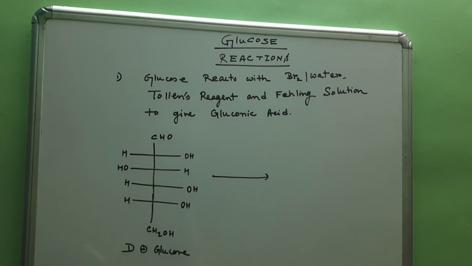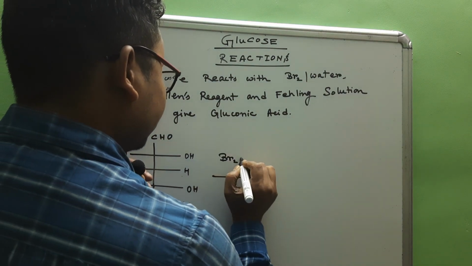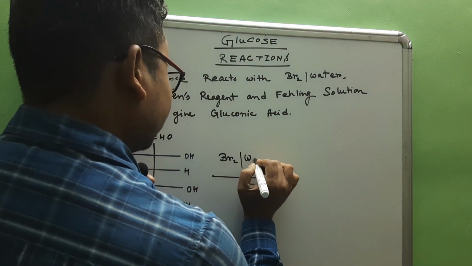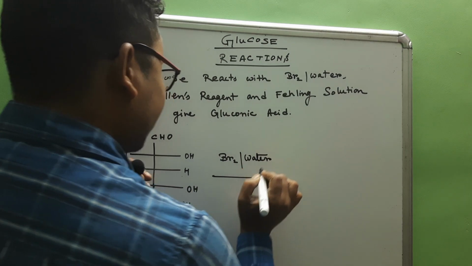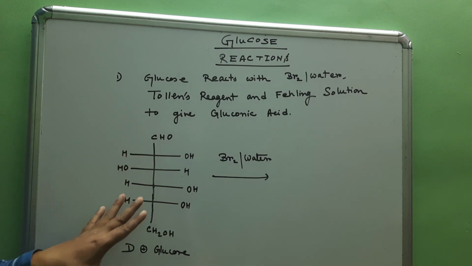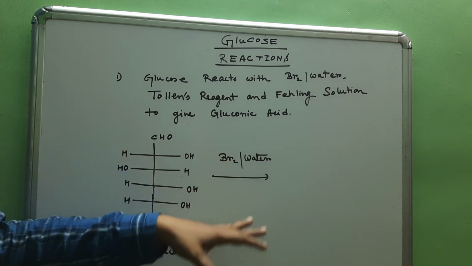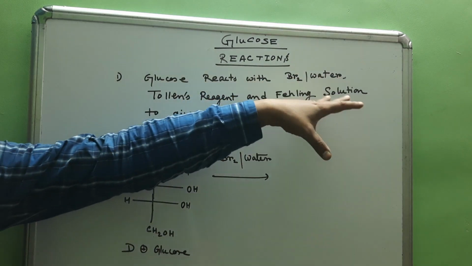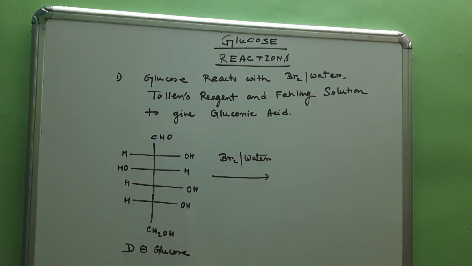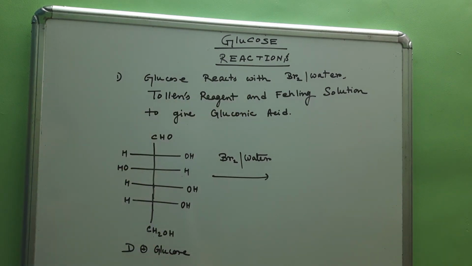If D plus glucose reacts with bromine water, what happens? The open chain glucose molecule contains one aldehydic functional group, so it reacts with bromine water, Tollens reagent, and Fehling's solution. After reacting with these reagents, it becomes gluconic acid.